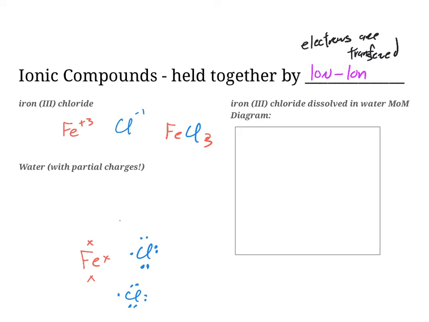And then there'd be that transfer of electrons, and really what we'd end up with, as a compound itself, as a solid, we would have Fe, which would be +3, and then surrounding it would be Cl, Cl, Cl, which would have all 8 valence electrons.